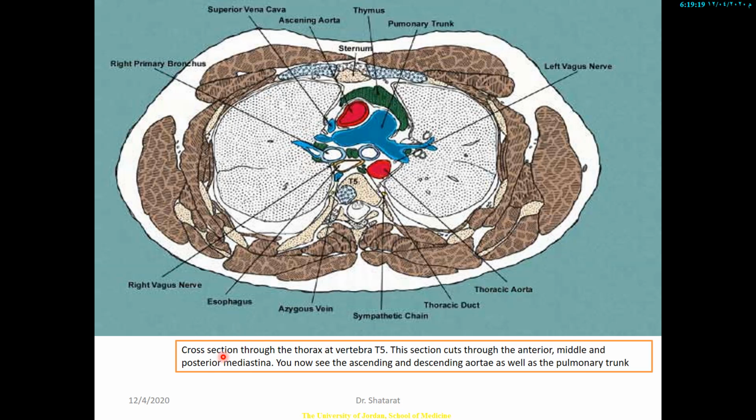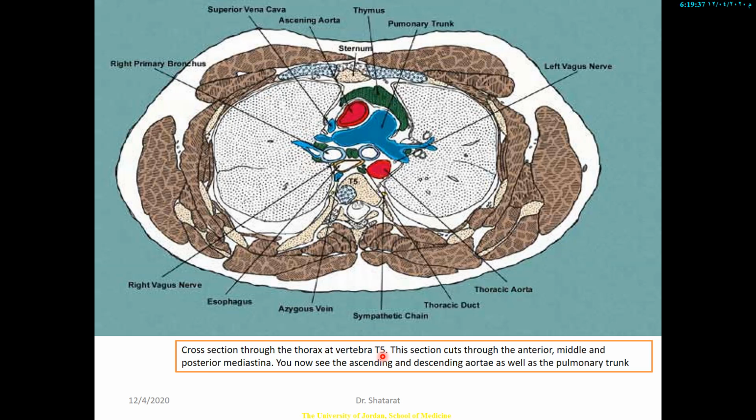Now, cross section through the thorax at vertebra T5. I would assume that now you know T5. It means that we are not in the superior mediastinum. We are in the inferior mediastinum.